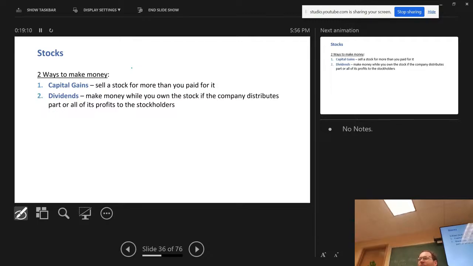I hold on to it for a year. It goes crazy. It goes to $200. So how much would I make in the year if I sold it a year from now? If it went from 50 to 200. $150.